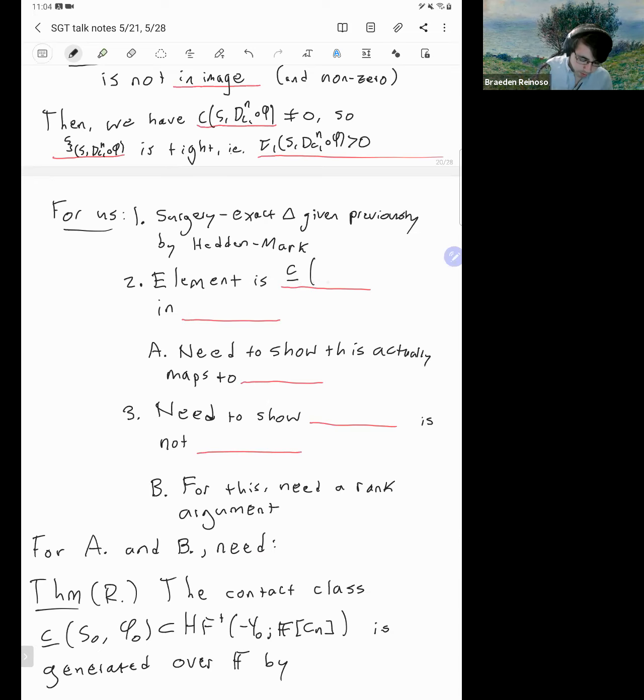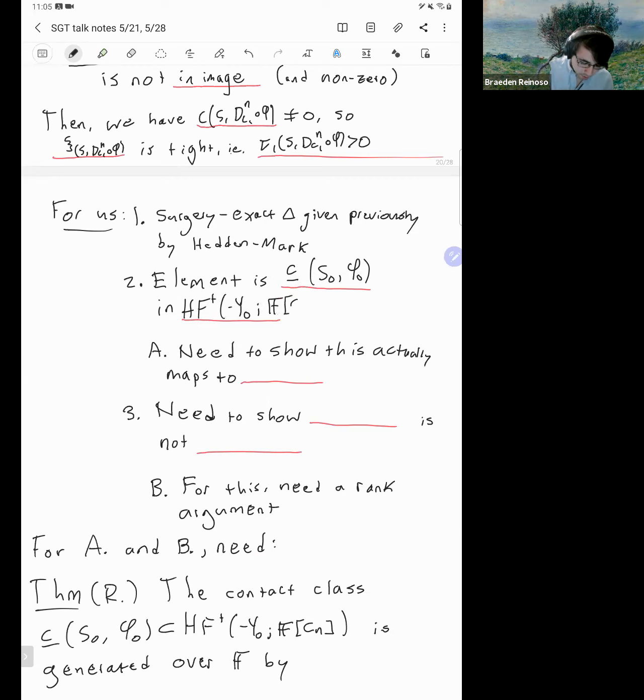So I'll talk about that in a second. So it's going to be the contact invariant of your capped off open book with twisted coefficients. And that lives in HF plus of your ambient manifold of your capped off open book.